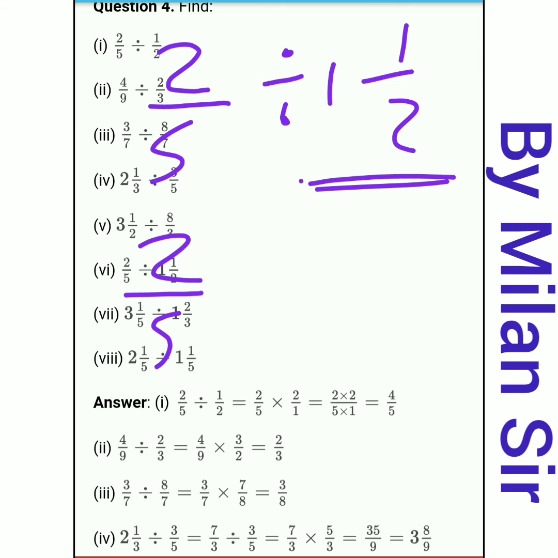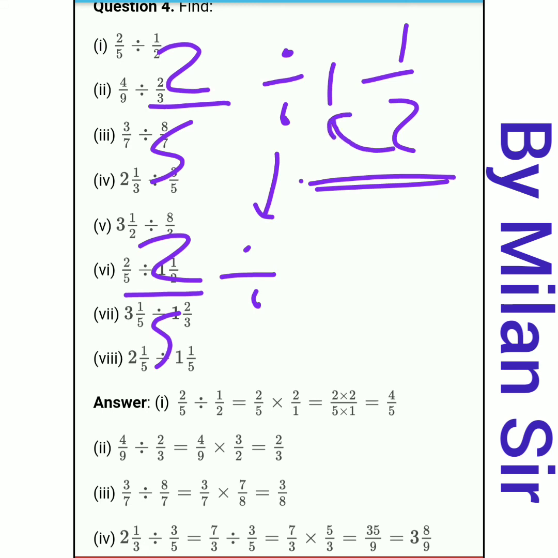But first of all we need to convert it into an improper fraction. So right now division as it is. Right now I just convert the mixed fraction into improper. After that I will convert this division into multiplication. Now convert this mixed fraction into an improper fraction.